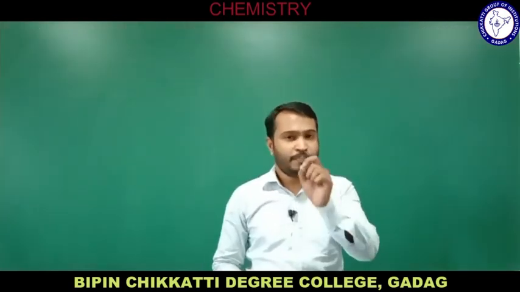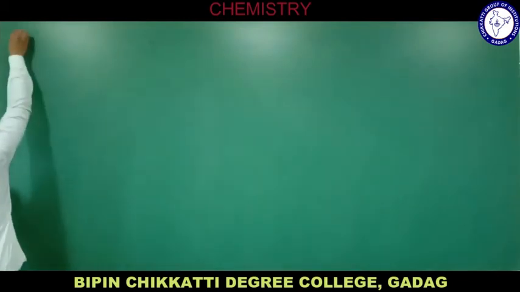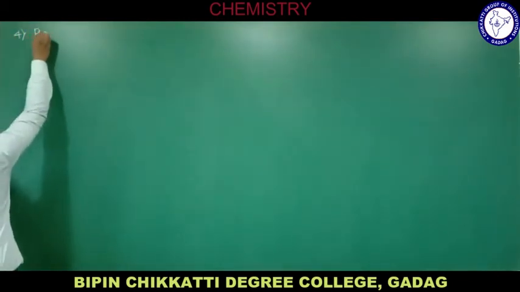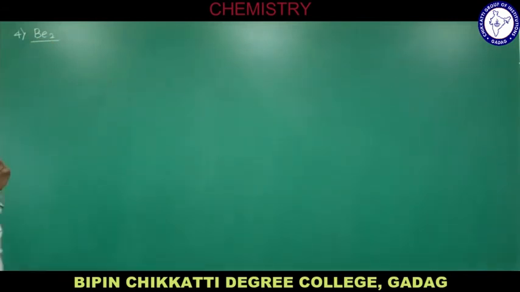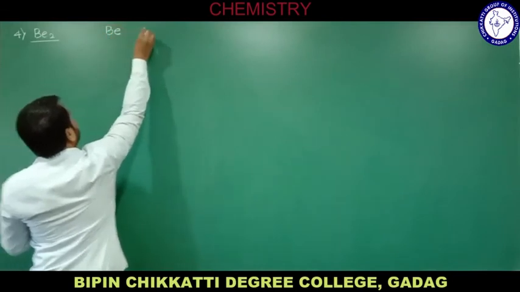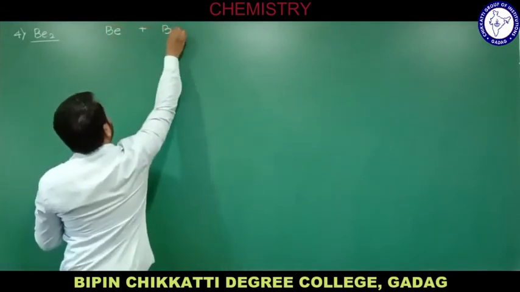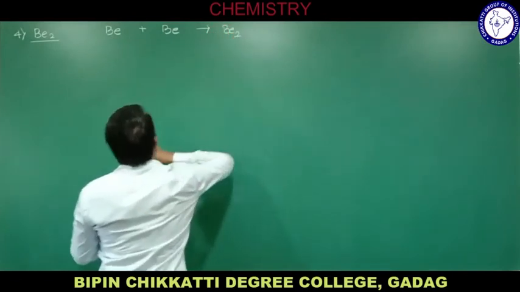Example 4, Be2, I am going to consider. The fourth one is the beryllium molecule, Be2. One beryllium atom combines with one more beryllium atom, and we get the beryllium molecule.